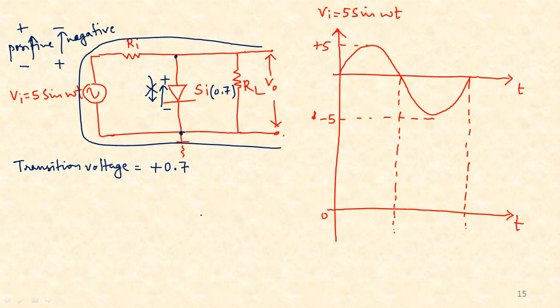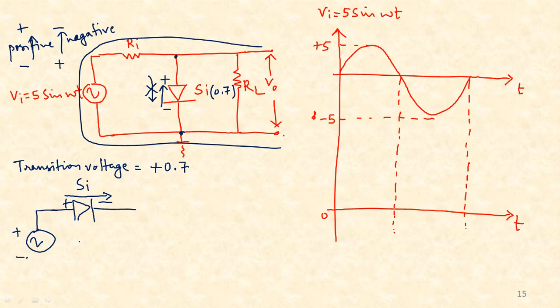Am I clear? This point is extremely important while analyzing parallel clippers. Students: we did not get it, sir. Okay, you didn't get it. What I am trying to say is, in the previous case, you considered it to be minus 0.7. Why? Let me draw one series clipper here, with respect to the input signal. If this was a silicon diode, then the transition voltage was plus minus.